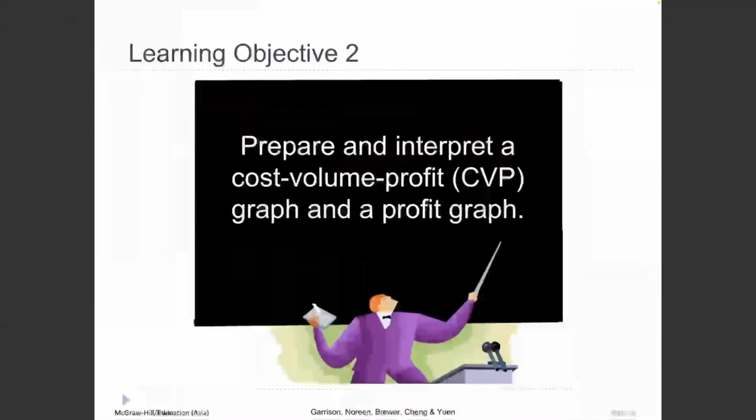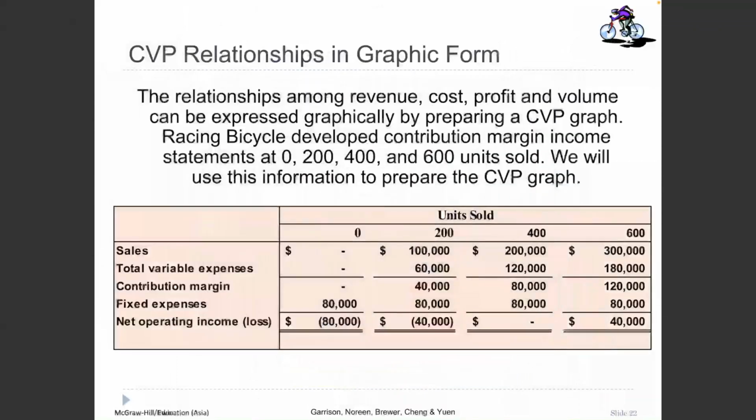All right. So prepare and interpret a cost-volume-profit graph. Here is the example. This is at 0 units. This is at 200 units being sold. This is 400, which is at the break-even point. And then 600. So maybe you can focus on the break-even point here.